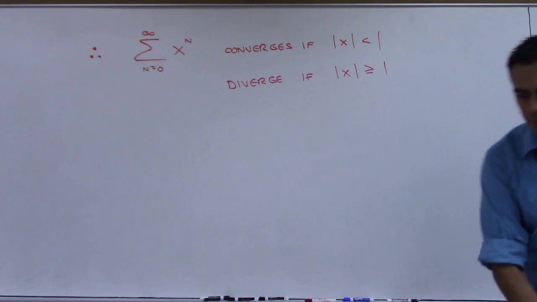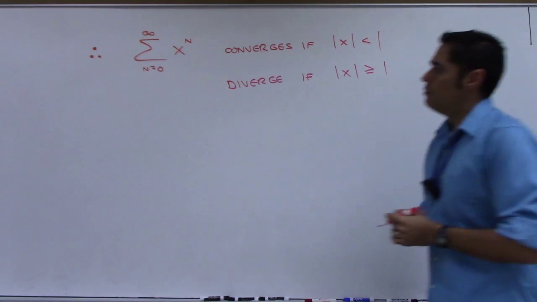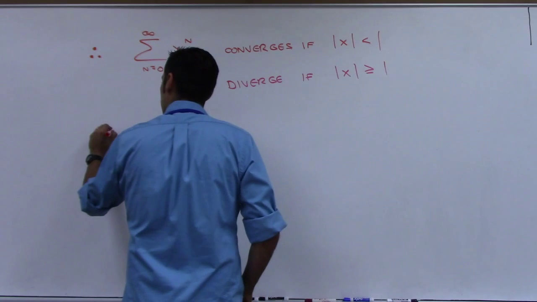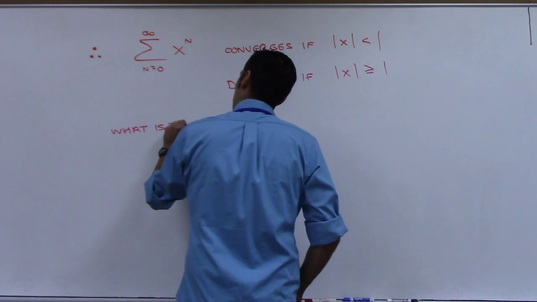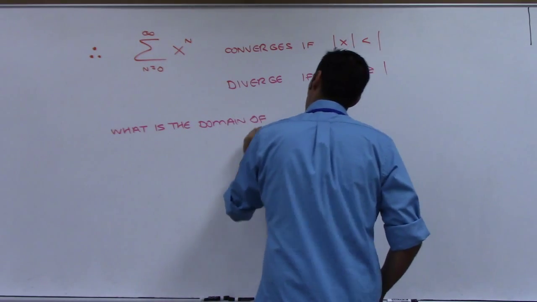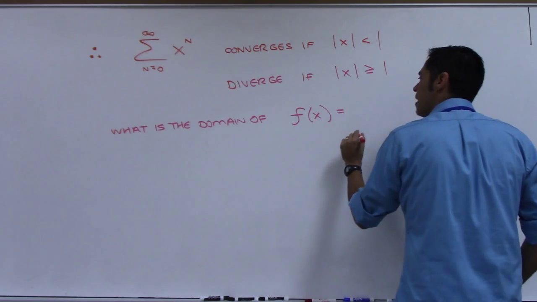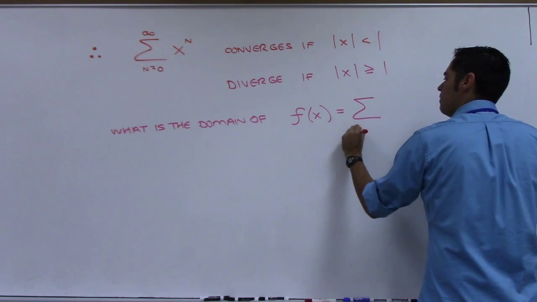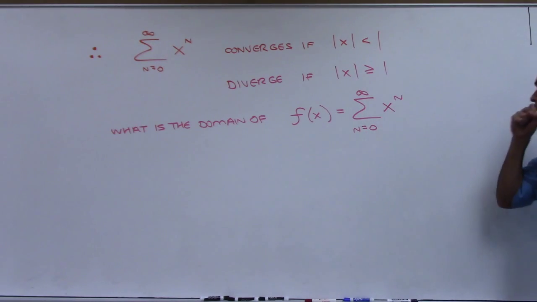Now, I don't have this in the notes here, but I want to ask you a question. What is the domain of the function f of x if I define that to be the sum from n equals 0 to infinity of x to the n?